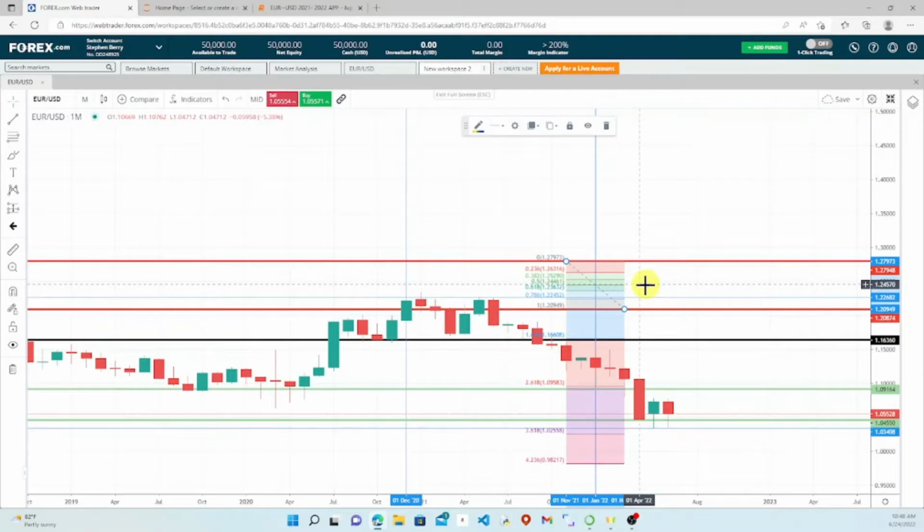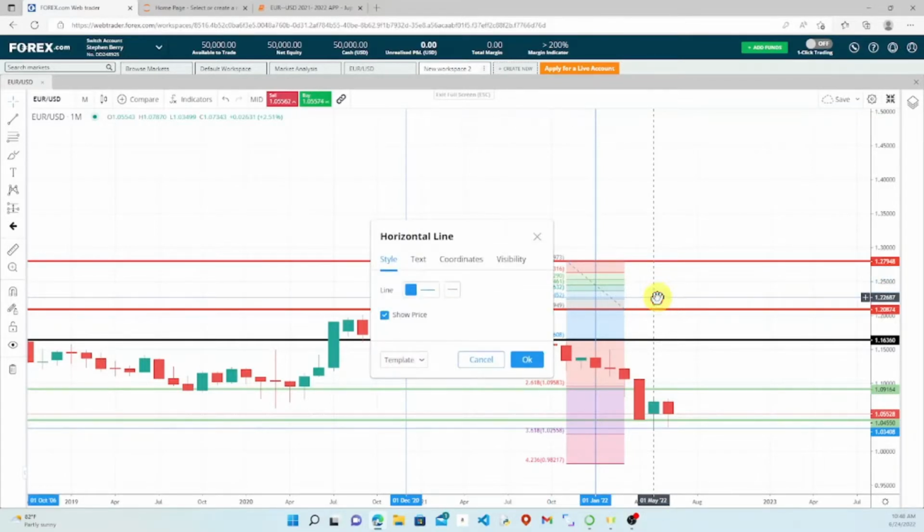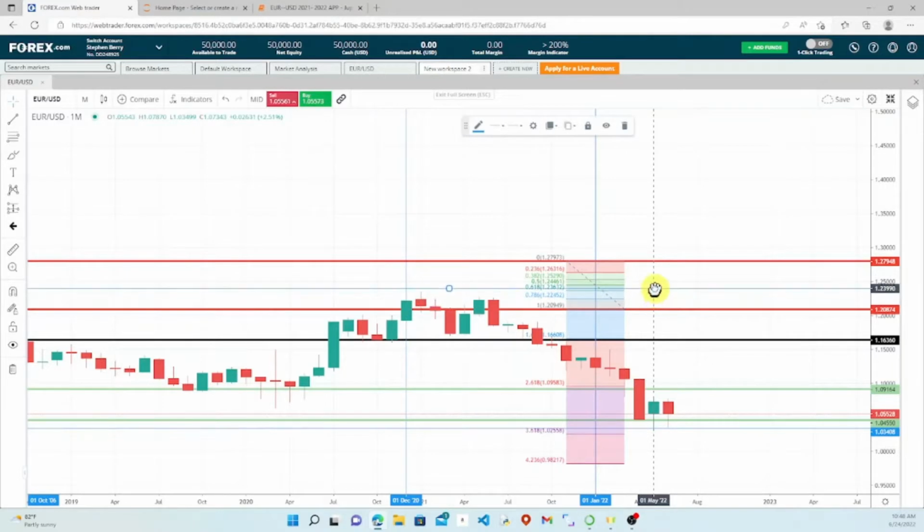And you can see that that's right in the middle of the R1 and the R2. So you could put another thin line, maybe even let's take this one if we can, and we'll go right there.